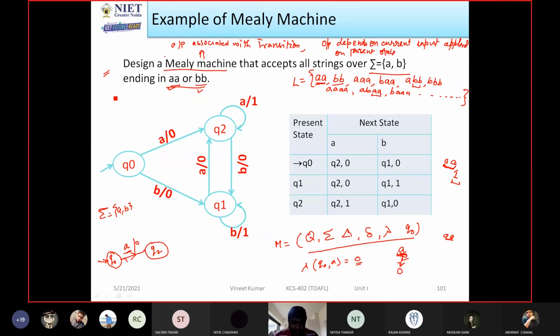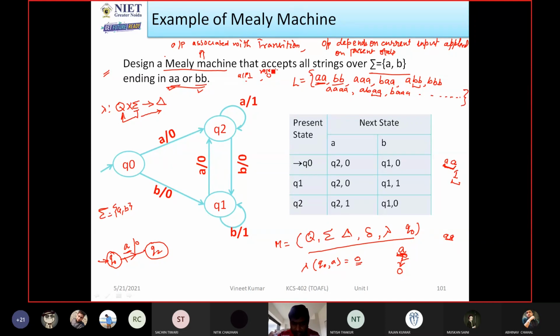And you have seen this function lambda, that is the output function Q cross sigma to triangle delta. What is the meaning? That means when we apply any input over a state, there exists one output. Clear? Sachin, when we apply any input over the state, there exists one output as per this concept. And I have already told you that a string is accepted when the last output is 1. Otherwise, output will be 0. One is for acceptance, another is the case for rejection.